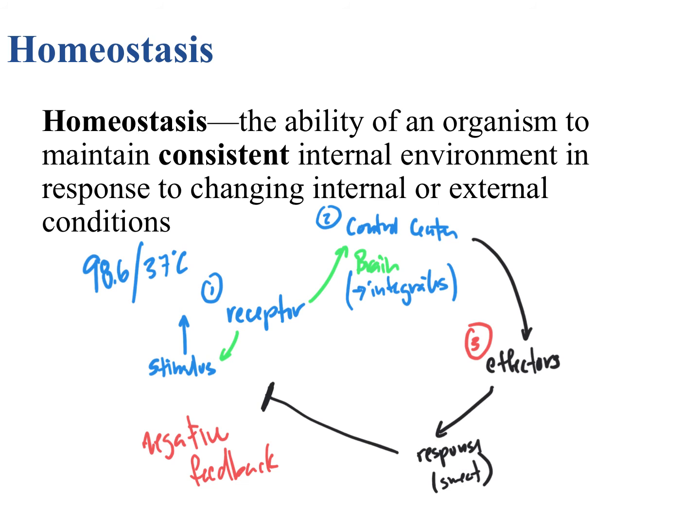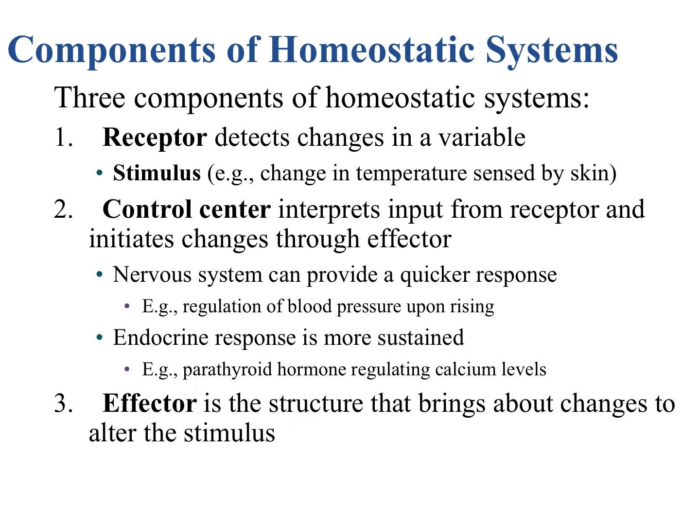Right? Hopefully, you're not starting to shiver when your body temperature goes up, to make your body temperature go up more. Okay? We don't want to mix up those responses. So that's negative feedback. Okay? So receptor detects the change. The change is the stimulus. Okay?